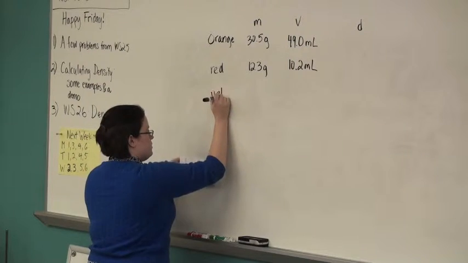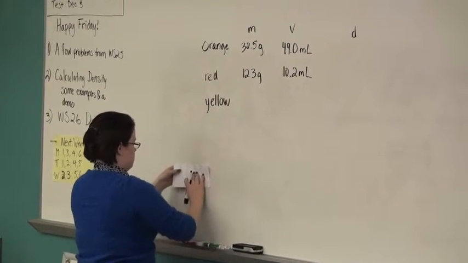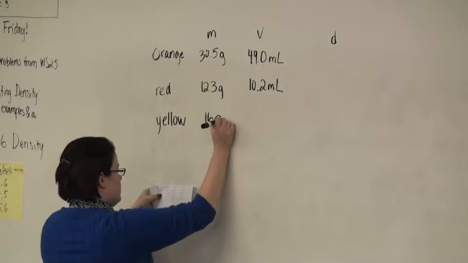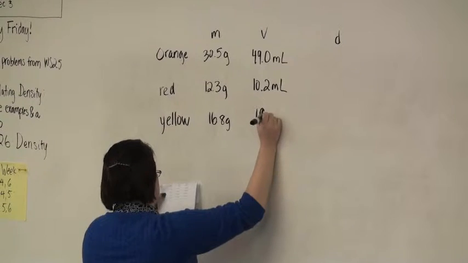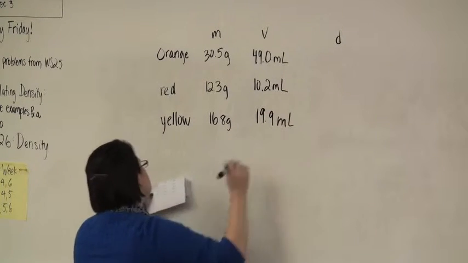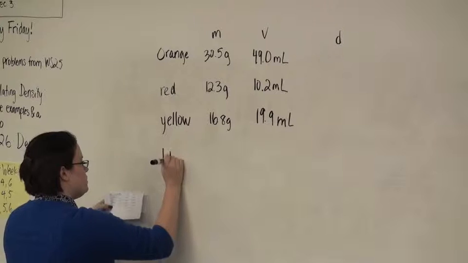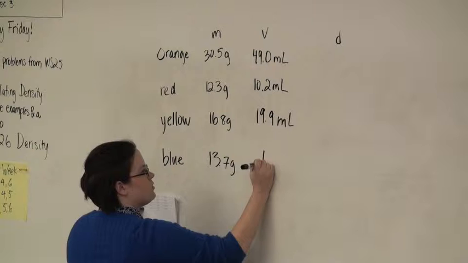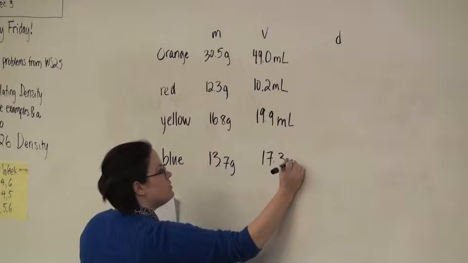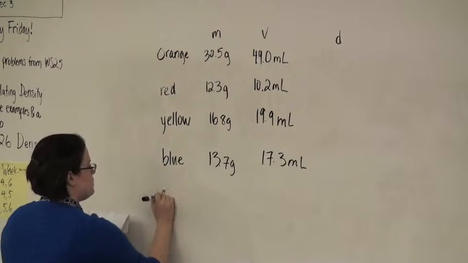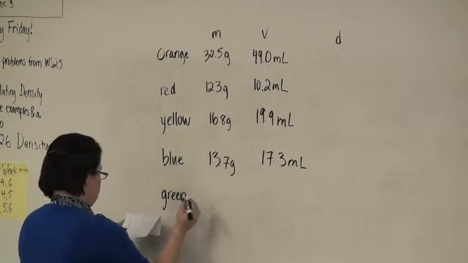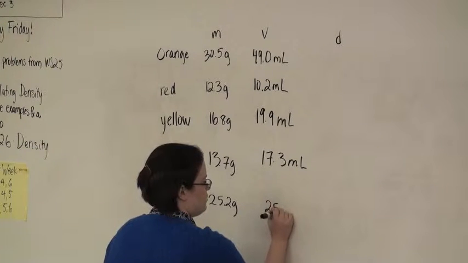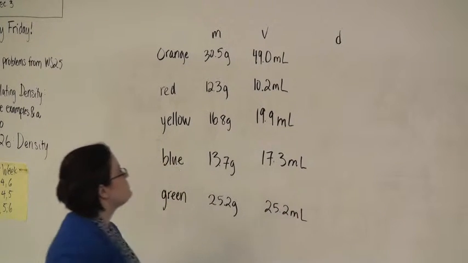My yellow liquid is 16.8 grams, takes up 19.9 milliliters. My blue liquid, 13.7 grams in 17.3 milliliters. And lastly, my green, 25.2 grams in 25.2 milliliters.